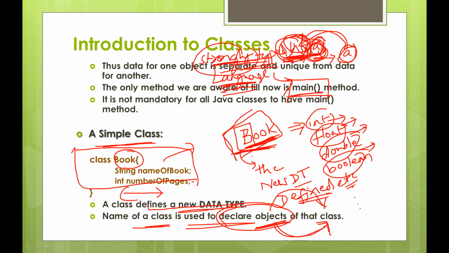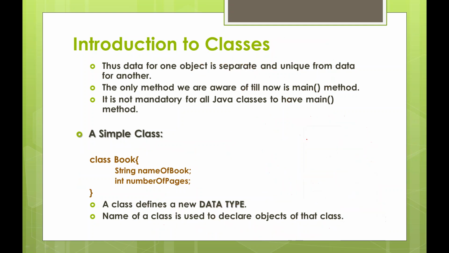So with Book, now we know that Book is a user defined data type. Book is a data type. We can use Book to define variables of type Book. For example, this defines a variable a of type int. Similar to that one, we can define a variable.